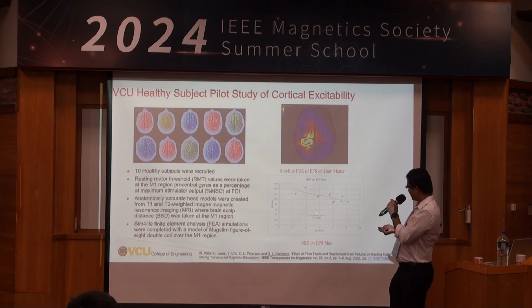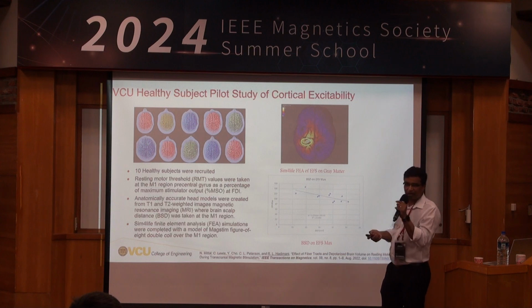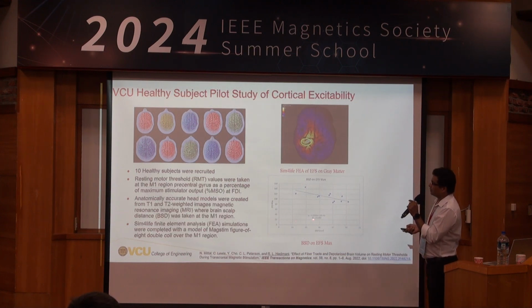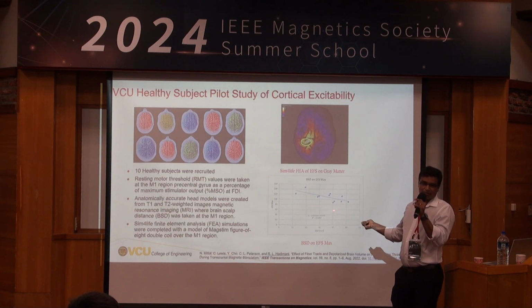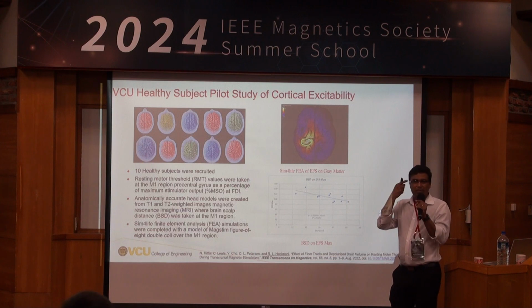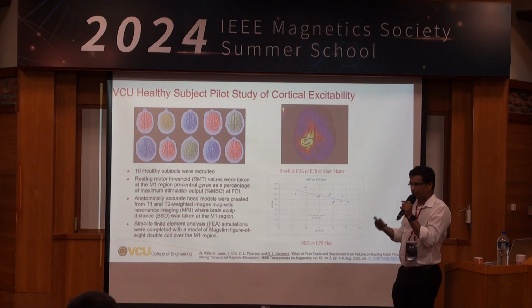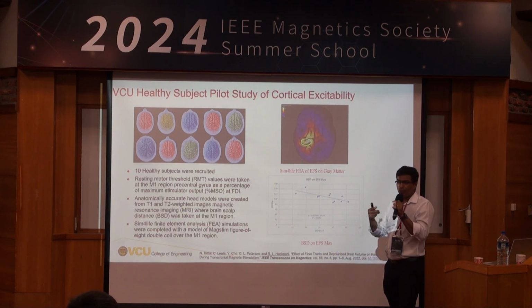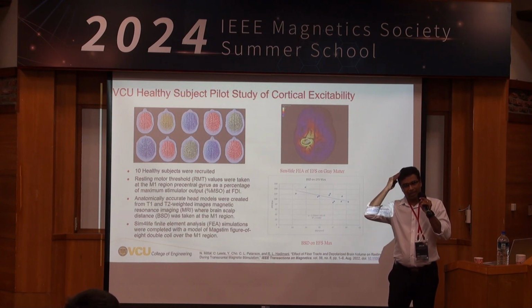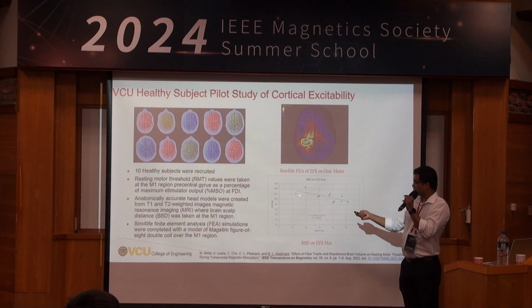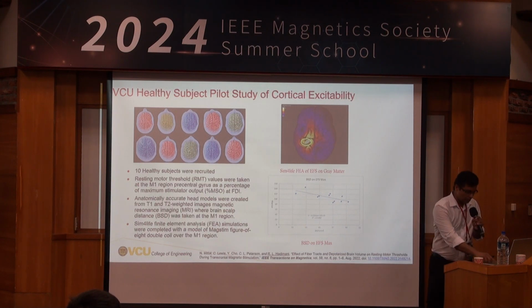I can't see the correlation coefficient here, it's quite high. Yeah, this is as expected. We have seen it in public database as well. So the brain scalp distance changes your dose, which is taken care of when they determine the dose.